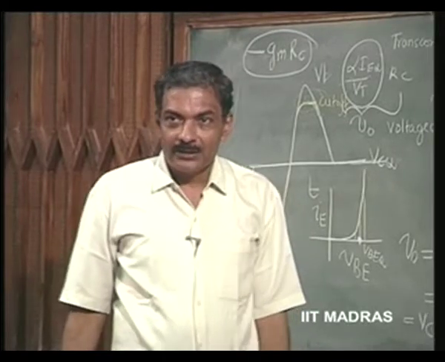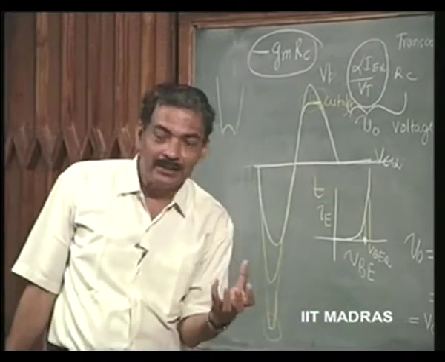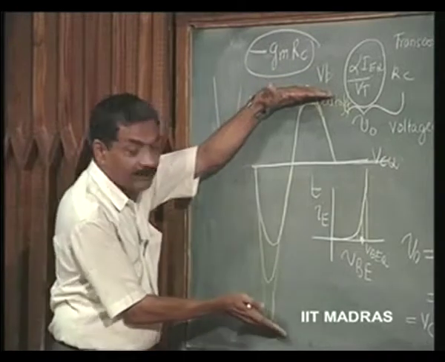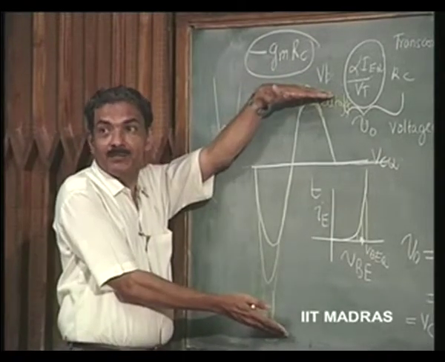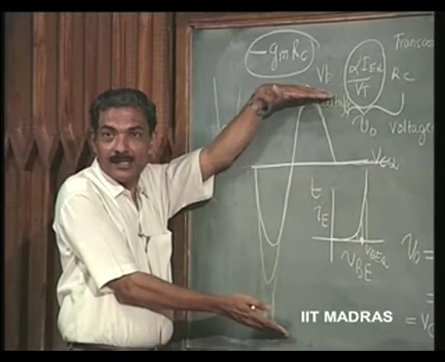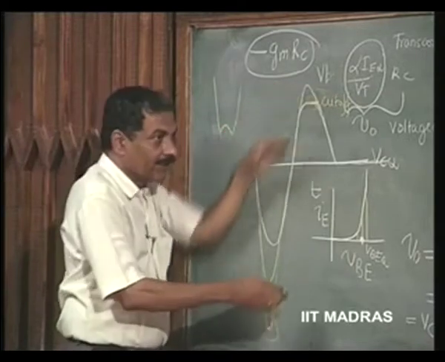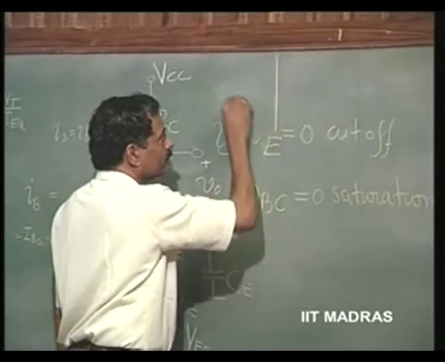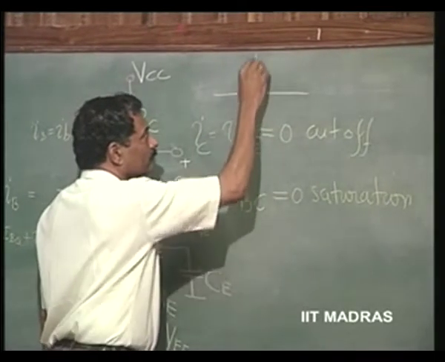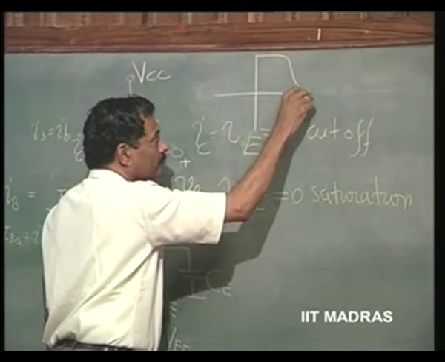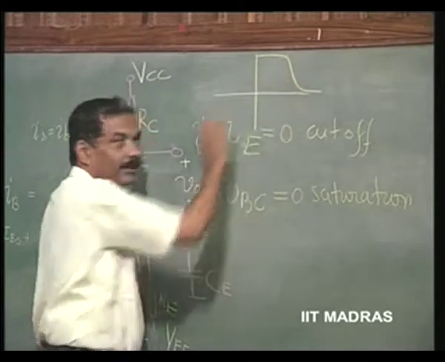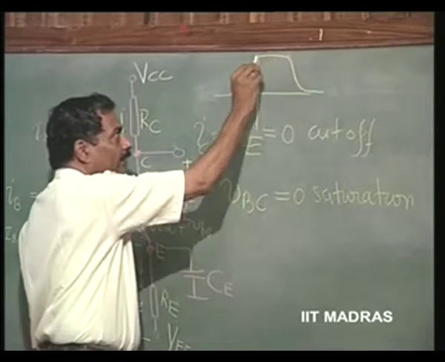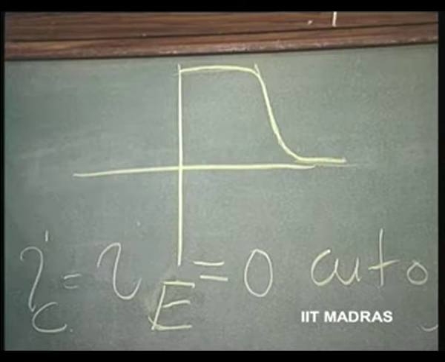Is this clear? So when you are considering the amplifier, you will bother about these points as saturation points, where the amplifier characteristic will be just this. This is the linear characteristic, and these are the two saturation levels.